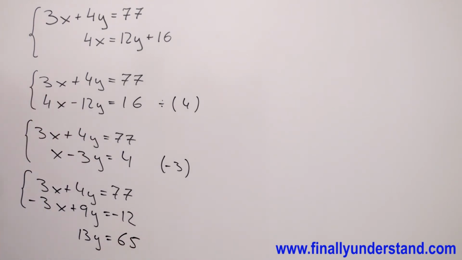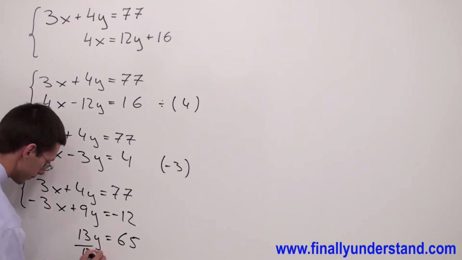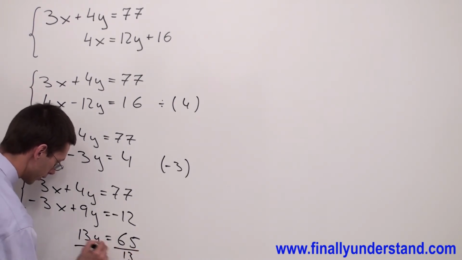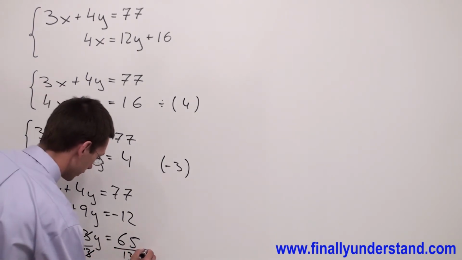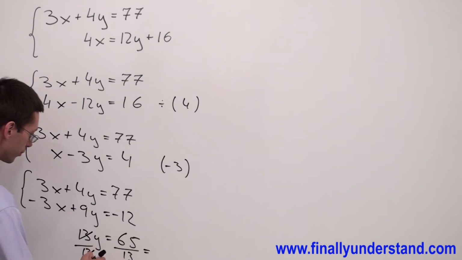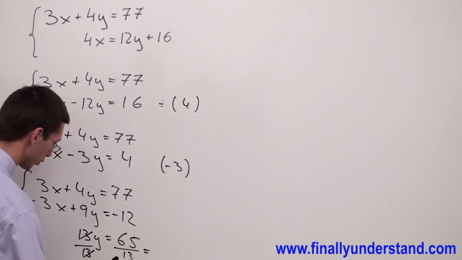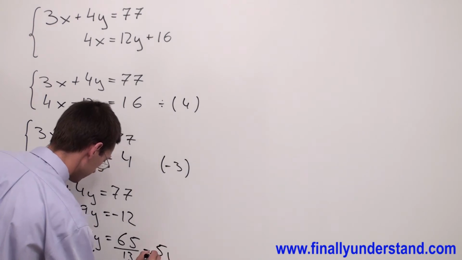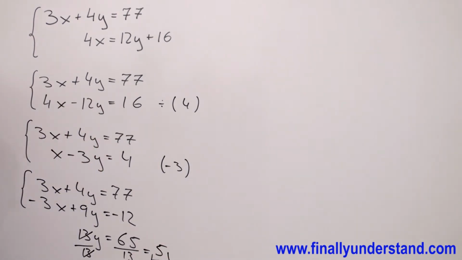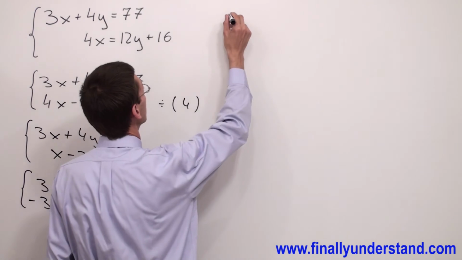In order to find the value of y, you're supposed to divide both sides of this equation by 13. 13 and 13 will cancel out, and 65 divided by 13 is equal to 5. So this is the value of my y.